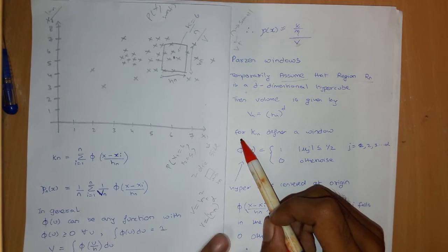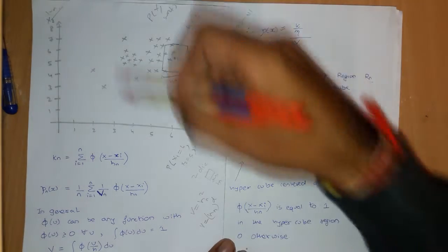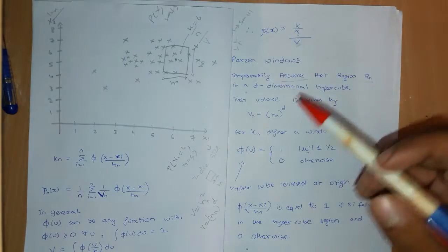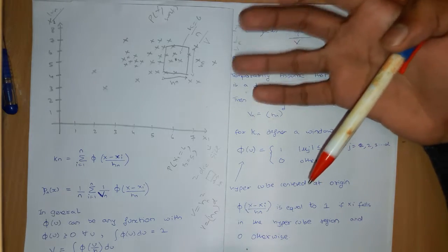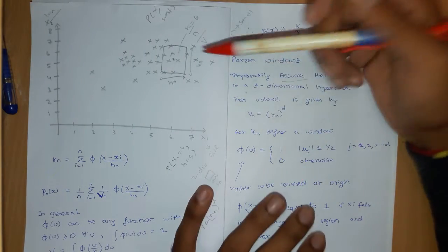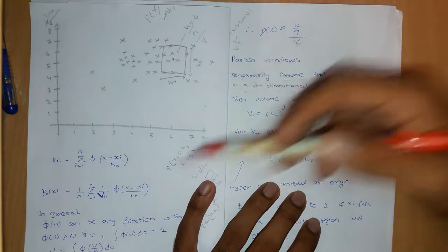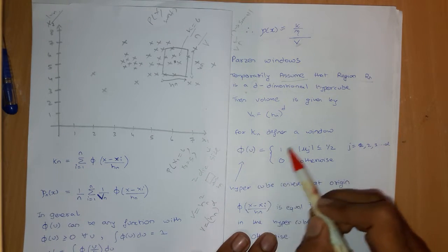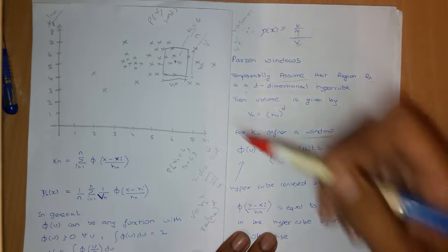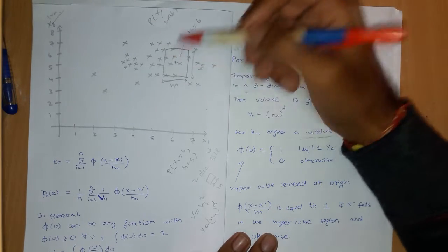Now we will see how we can implement this. So this was the visualization that we saw, the intuition. Now in order to mathematically implement this, we are going to define a window.